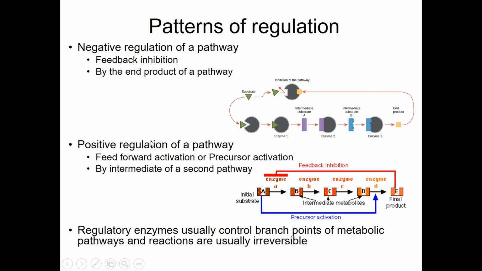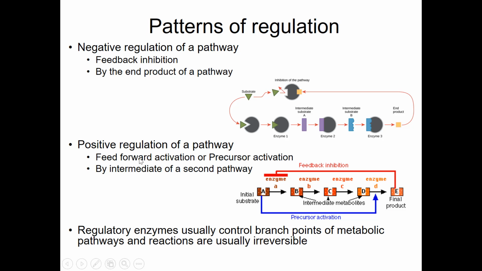Another example is positive regulation of a pathway. So here you have 4 enzymes, enzyme A, B, C, and D, where A is the initial substrate and E is the final product. So again, an example of feedback inhibition is where the final product comes back and inhibits an earlier enzyme.